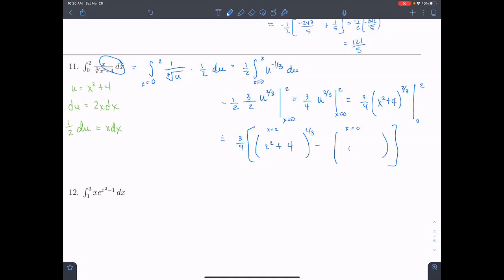And here you get 0 plus 4 to the 2/3. So we have 3/4 times 8 to the 2/3. That would be 4. 8 to the 2/3 minus 4 to the 2/3. I have this as equal to approximately 1.1.